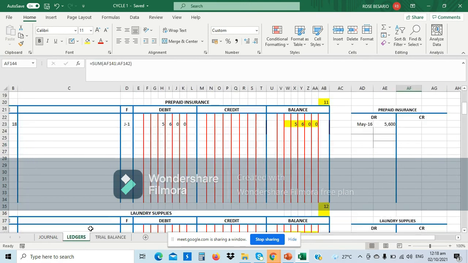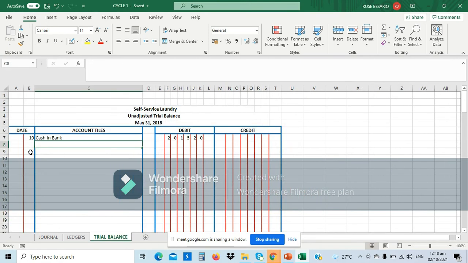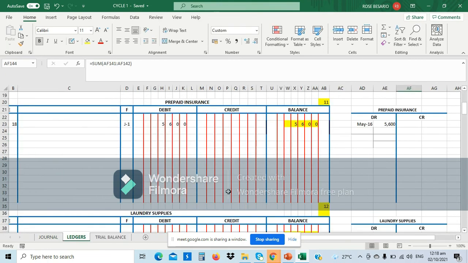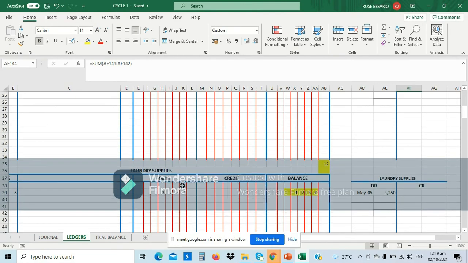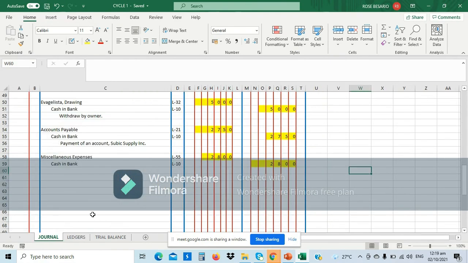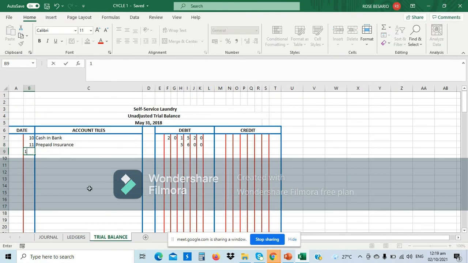So this is number 11, prepaid insurance, debit of 5,600. Then the next ledger is laundry supplies, number 12.